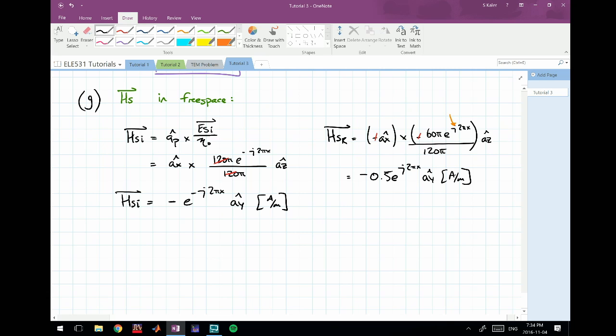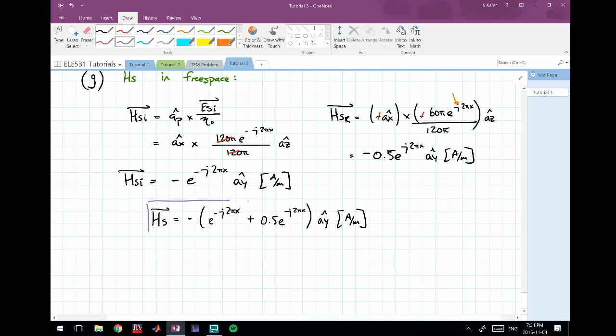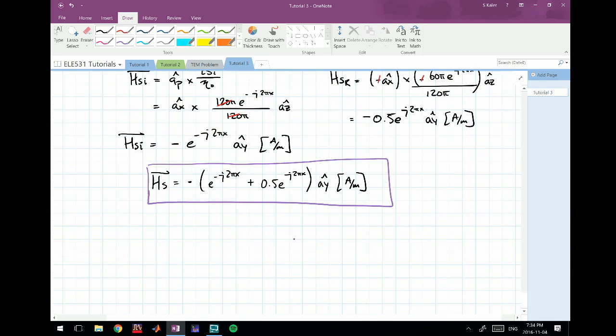Then my total magnetic field is minus e to the minus j2 pi x, which is my forward traveling wave, plus 0.5 e to the j2 pi x, which is my backward traveling wave, times AY, in amps per meter. And that's our total HS in free space. Okay. Any questions about that?